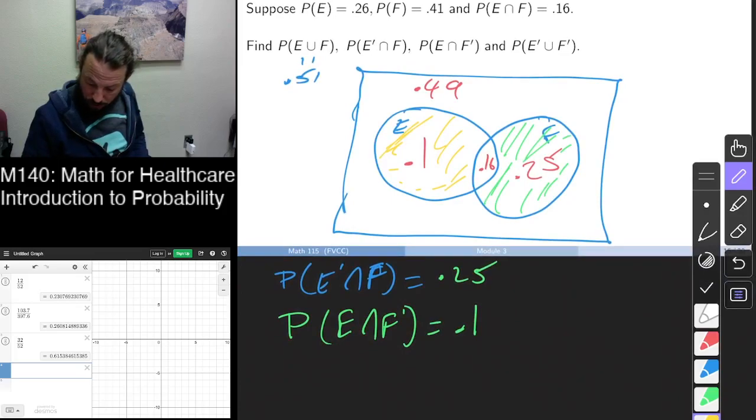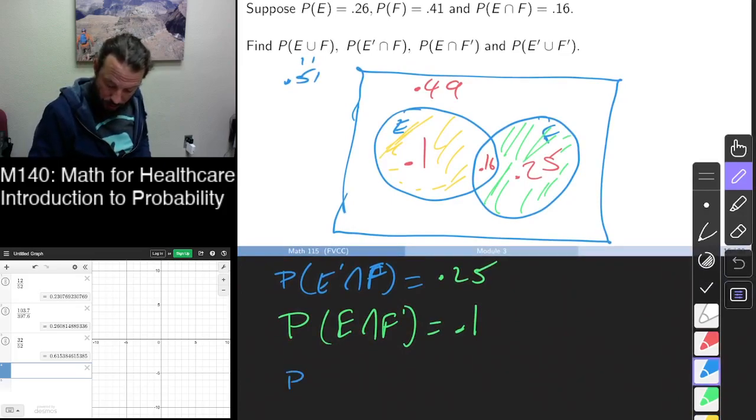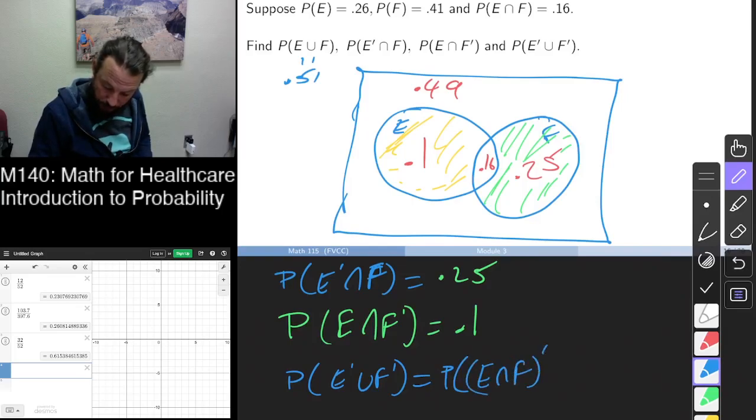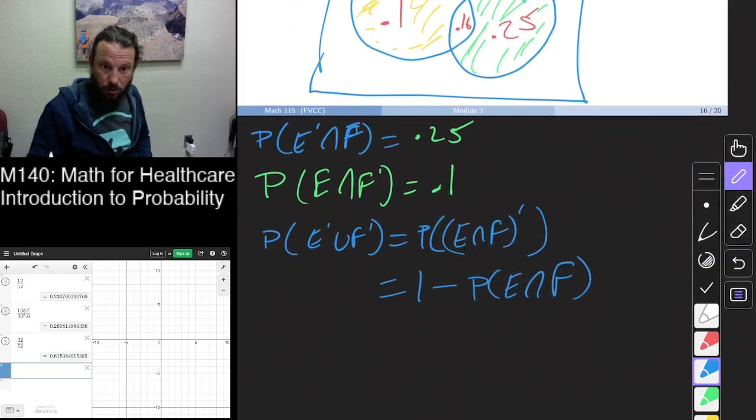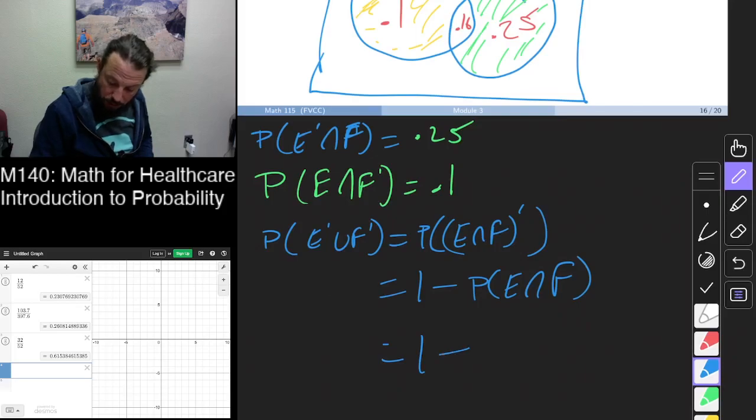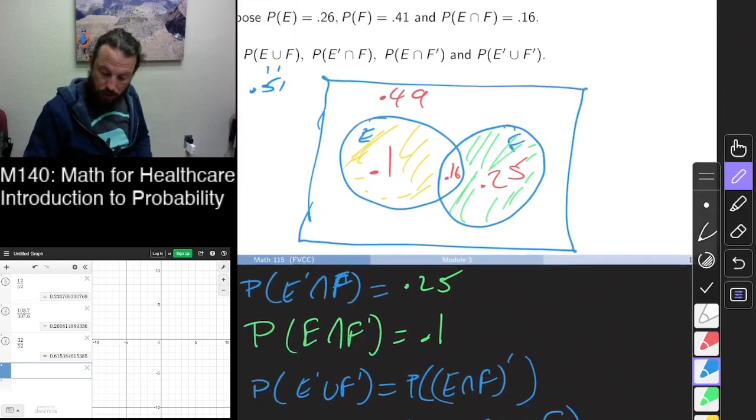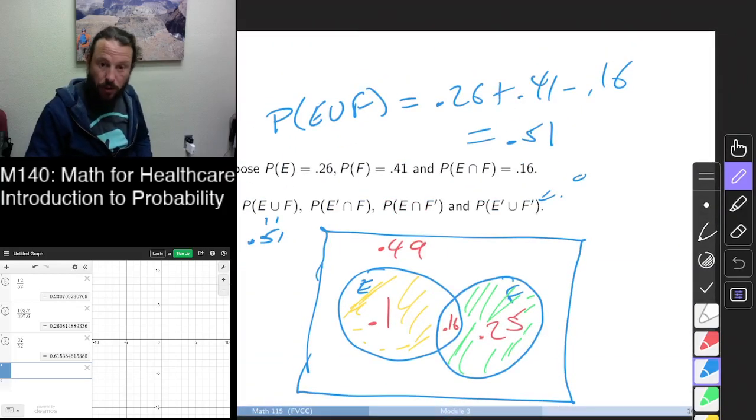The probability of E complement union F complement equals the probability of E intersect F, the whole thing complement. That's equal to 1 minus the probability of their intersection, which is 1 minus 0.16, which comes out to be 0.84.